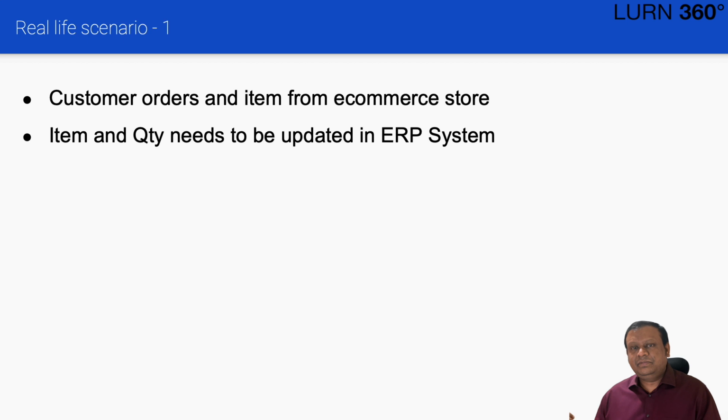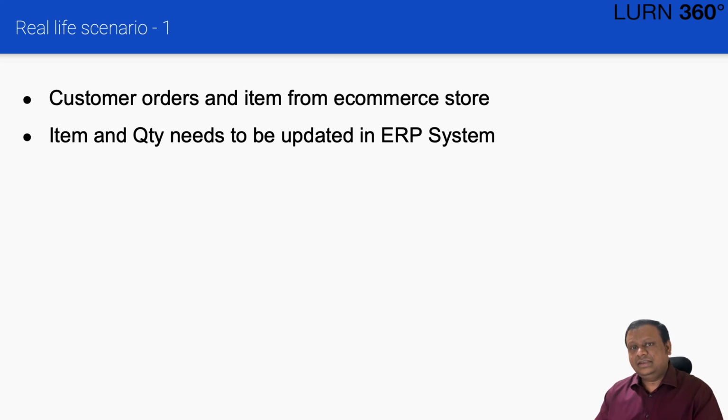Your ERP system has an inventory module, which has the inventory information up to date to the minute. Whenever somebody orders something on your e-commerce platform, you need to make sure that number of items has been reduced from the inventory system in your ERP, so that whoever needs to do the manufacturing eventually knows this is the quantity we have left right now. This is a very basic scenario and it happens all the time.